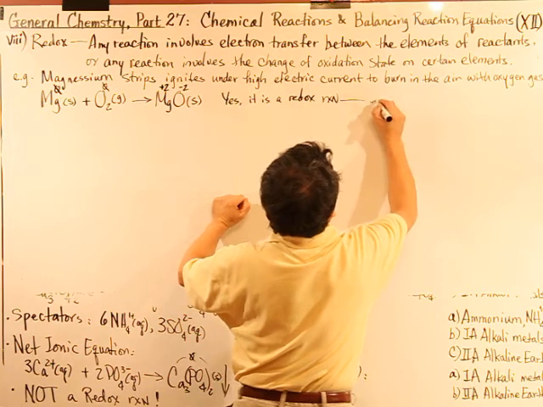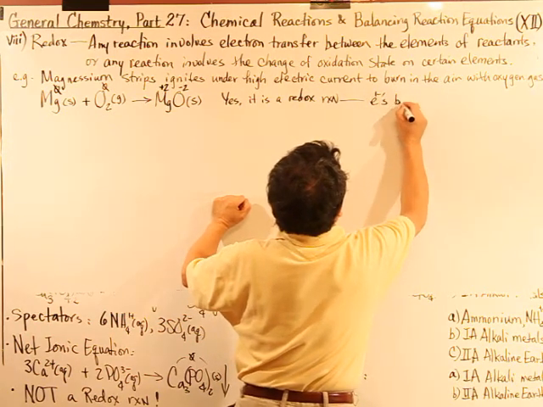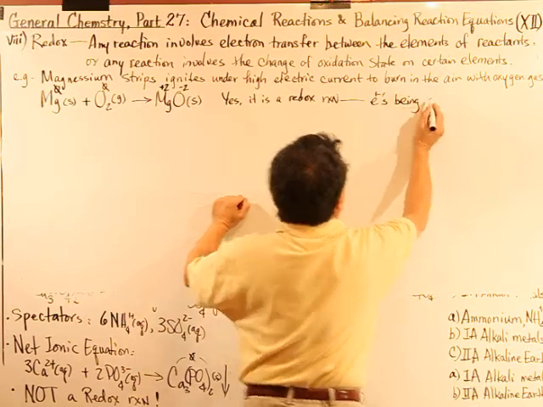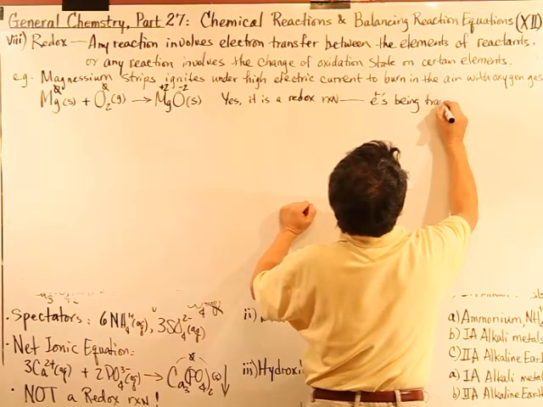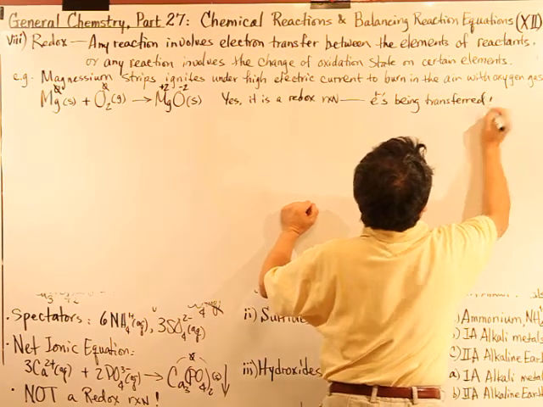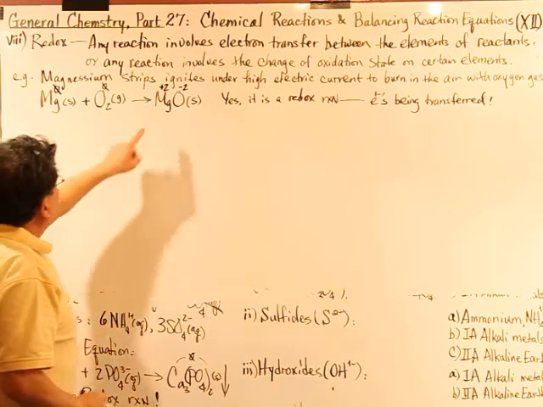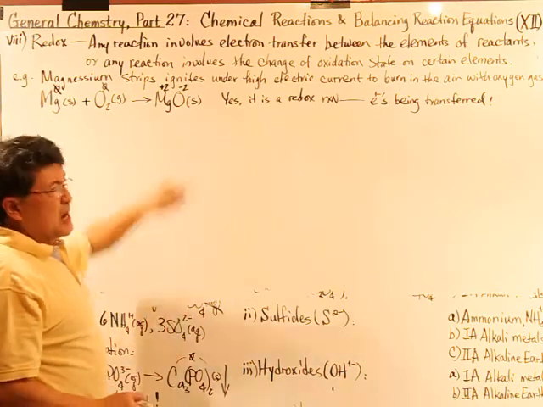Why? Electrons seem to be transferred. Now who's who? From who to who? From who to who? The stuff from zero becomes positive.